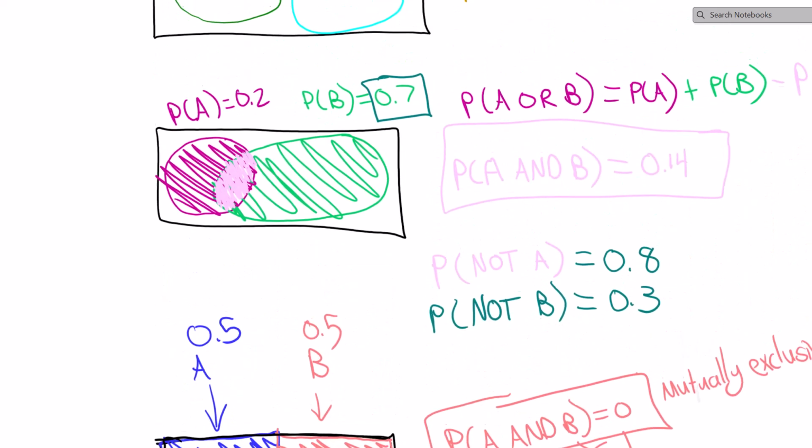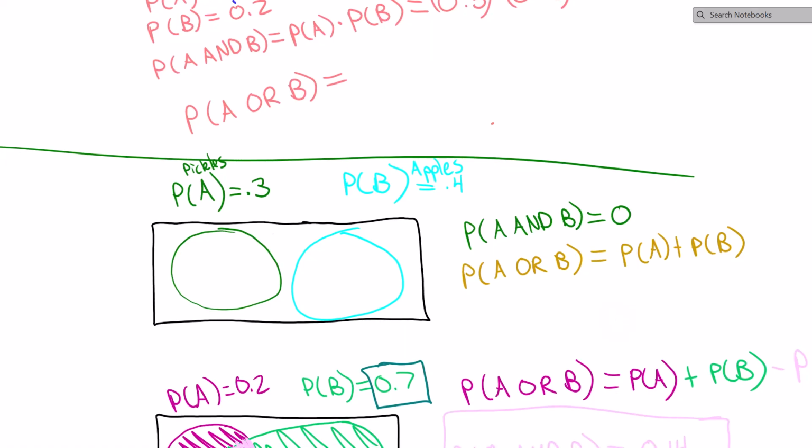If we have two mutually exclusive events that do not cover the entire sample space, then we can add their probabilities. The probability of A or B is just their sum, and it's not 100% likely. There's still other options besides A and B. Neither of them could happen.